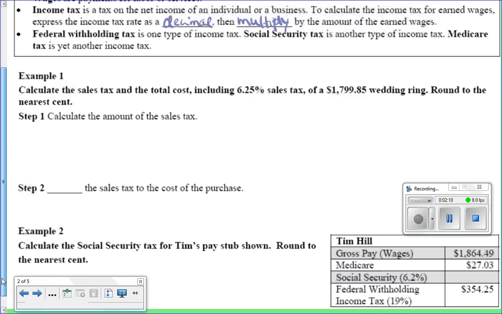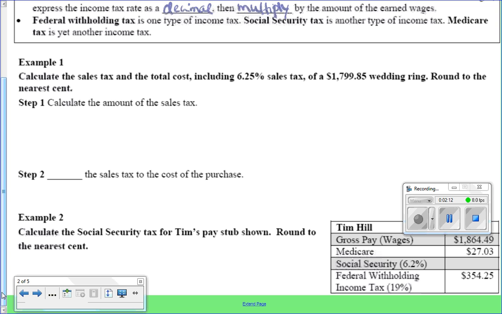We're going to calculate the sales tax and the total cost, including 6.25% sales tax of a $1,799.85 wedding ring. Ooh, some of y'all are going to get married. Okay, we're going to round to the nearest cent. So we're going to calculate the amount of sales tax. We need to express our percent as a decimal, which is what is that going to look like?